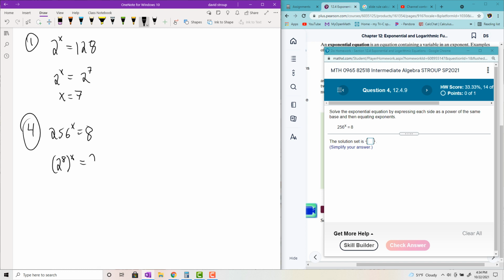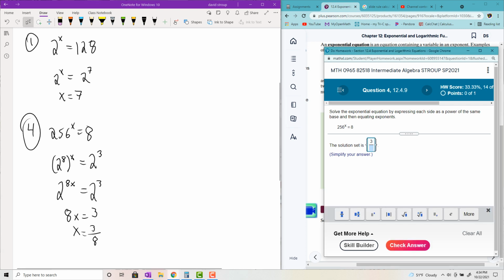Then 8 I could rewrite as 2 cubed, right? 2 to the 8th to the x, you know from your exponent rules, you can just multiply the exponents. Then you can equate the exponents. And then you can solve for x. Okay, so 3/8.